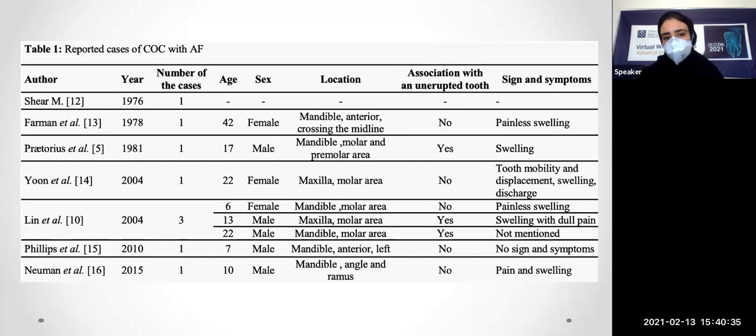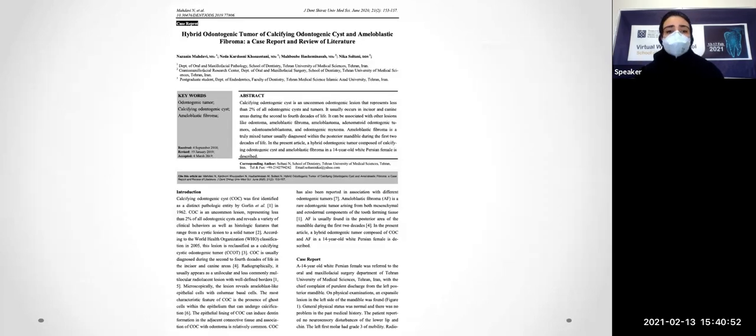So it could also fit with our patient, and we reported it as a case of hybrid tumor, and we published it in a dental journal as a hybrid odontogenic tumor of calcifying odontogenic cyst and ameloblastic fibroma, with the literature review also. And I hope it was interesting for you, the first case.